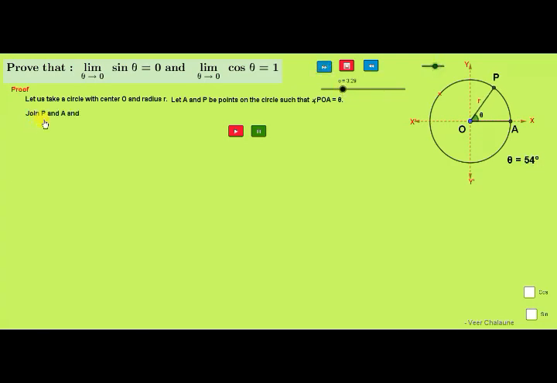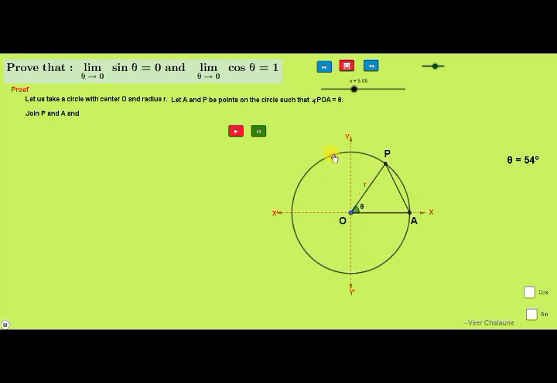For this, we need to join P and A in this way. Similarly, we need to draw PQ perpendicular to OA.